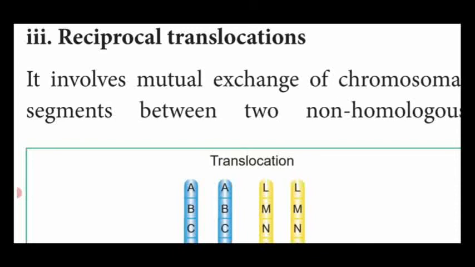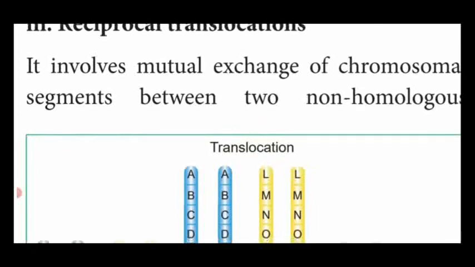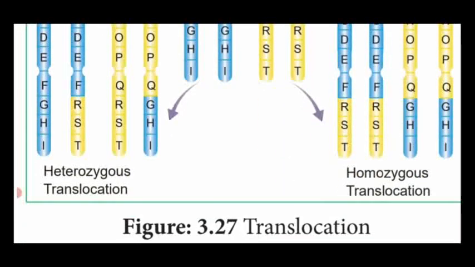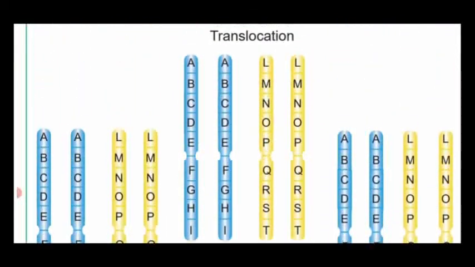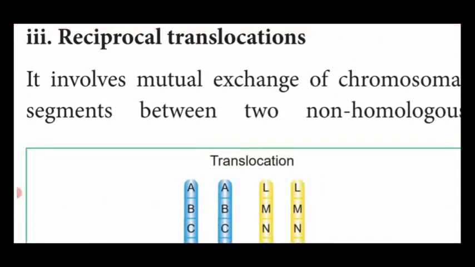This reciprocal translocation is again divided into two types: heterozygous translocation and homozygous translocation. So both segments are exchanged between the non-homologous chromosomes. The mutual exchange is known as reciprocal translocation or illegitimate crossing over.